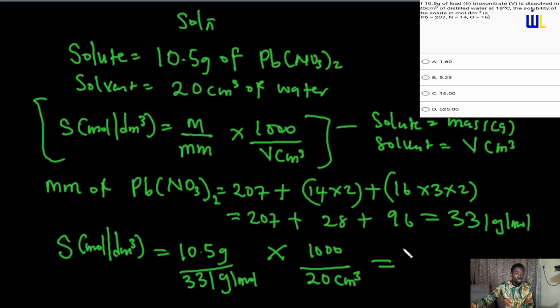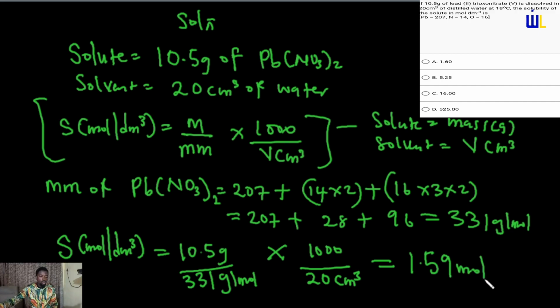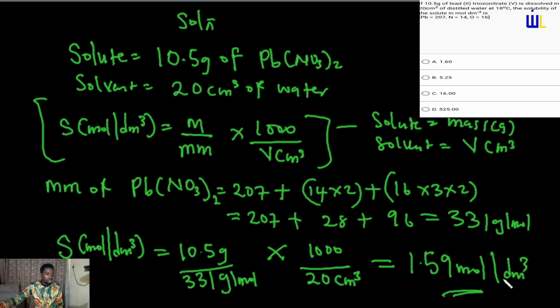So if you do this, we are going to get 1.59 mole per dm cube. Quite simple, right? So whenever you are asked to find the solubility and your solute is a mass in gram and solvent is volume in cm cube, simply use this formula straight up and you have your answer. The formula is mass over molar mass times 1000 over volume in cm cube. So that's that about solubility in mole per dm cube.